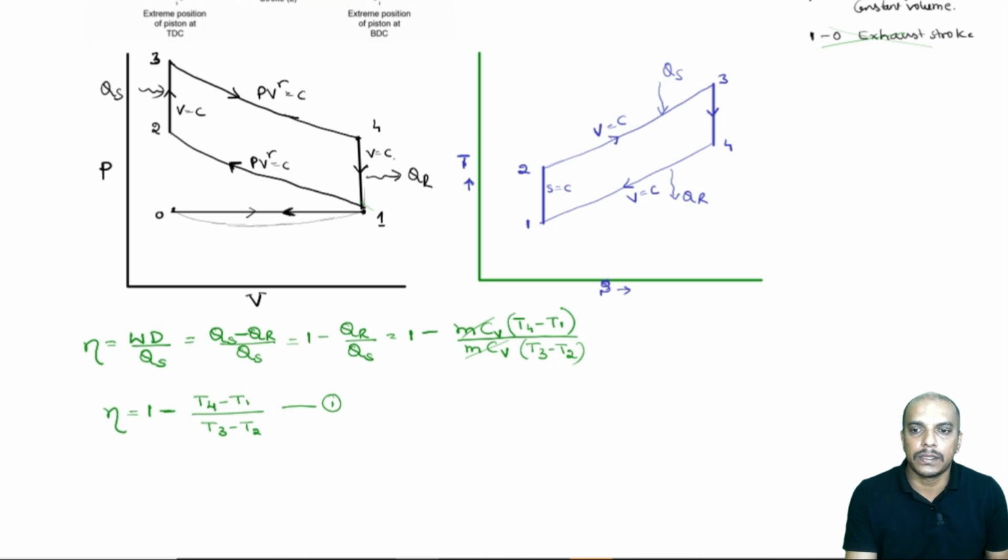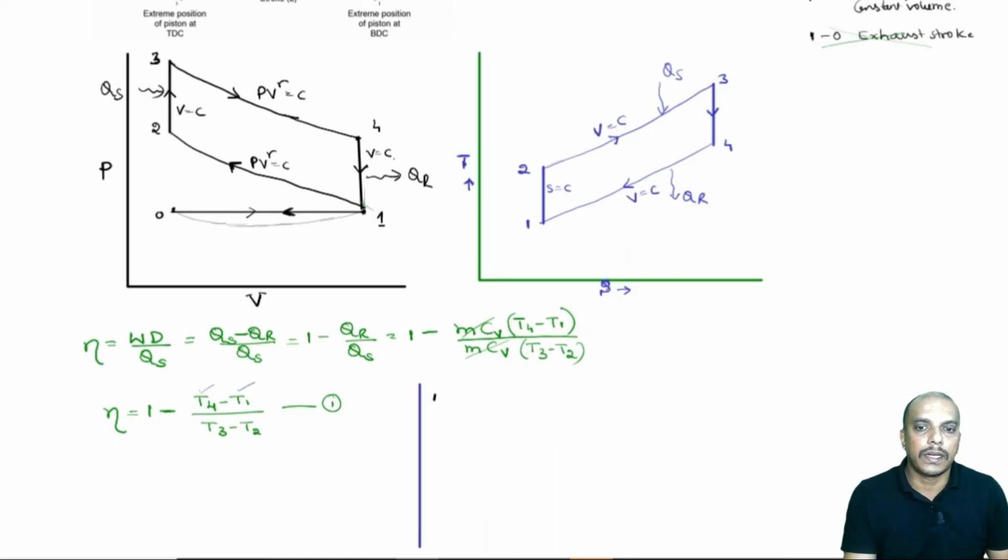So how do we eliminate temperature? If you write T4 in terms of T3, and T1 in terms of T2, we can eliminate them. I mean you can cancel the numerator and denominator, and somewhere we will write it in terms of compression ratio. Now how we write this in compression ratio is of importance. Let us start doing that.